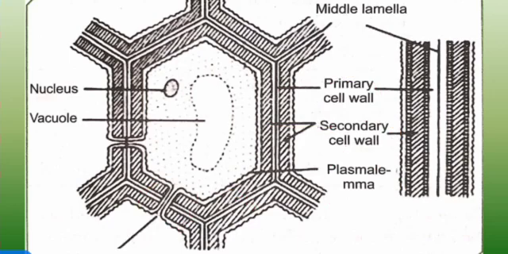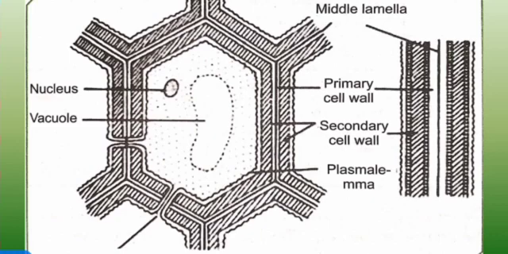Plasmodesmata are small pores, and they help materials pass into the cell. They are also called cytoplasmic bridges because, through the cell wall, they connect the cytoplasm of adjacent plant cells and allow the exchange of substances between the living cell contents.